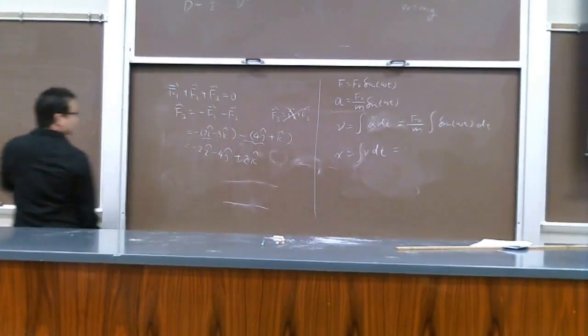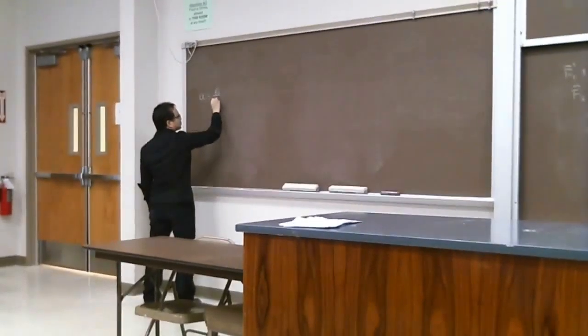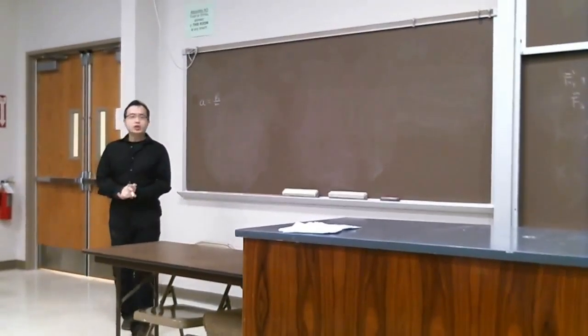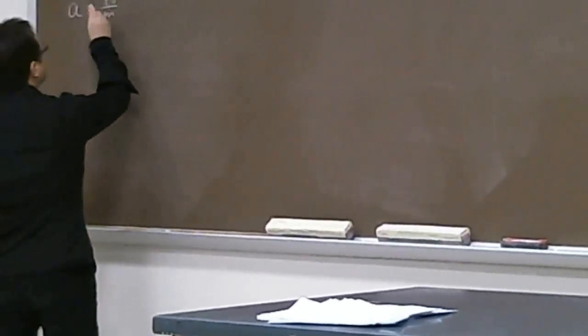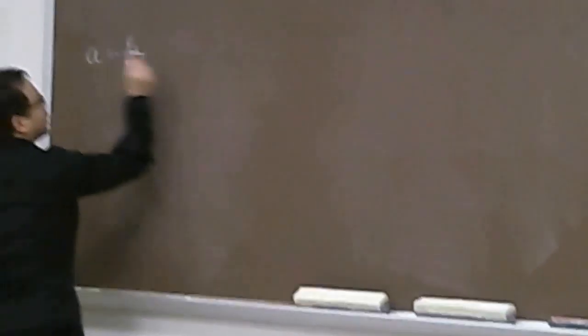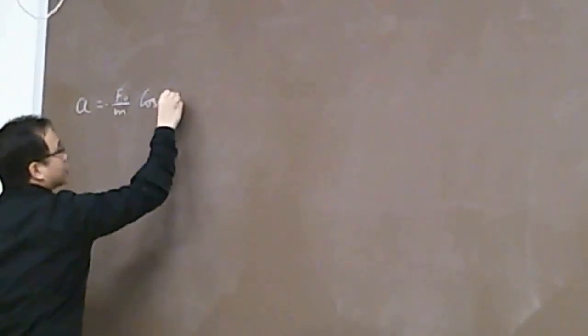If you want to integrate that, what is the integration of the sine function? Negative cosine. So you get negative here and cosine omega t.